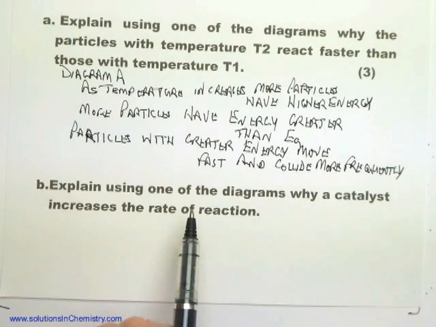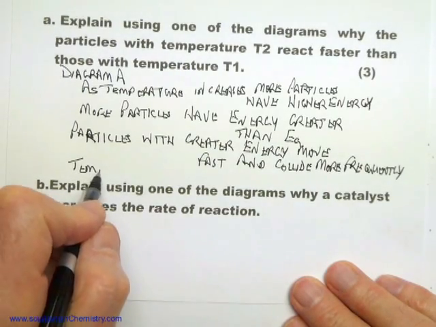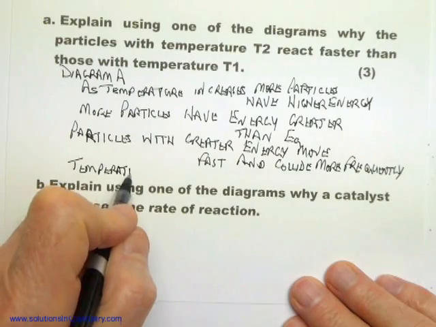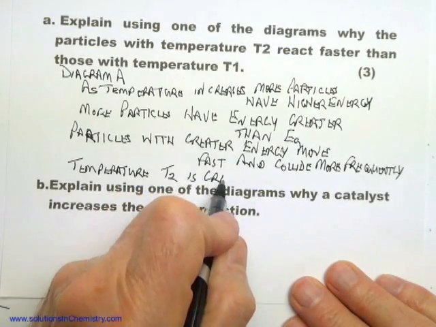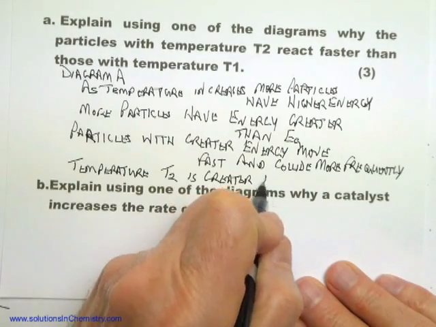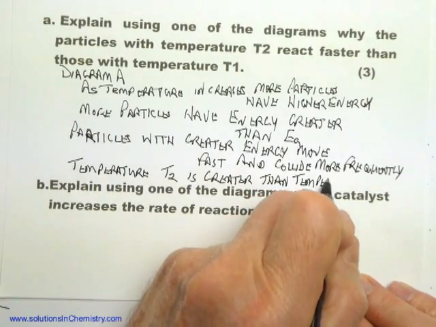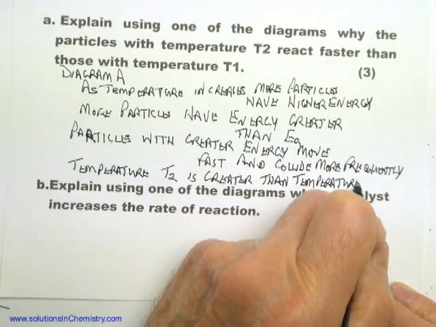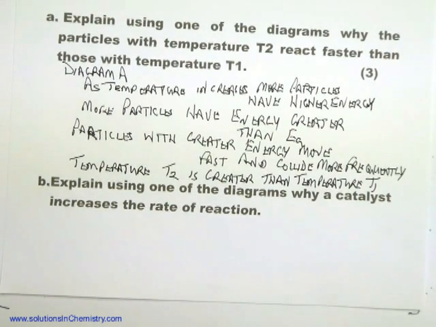In the question they haven't said temperature T2 is greater than T1, so you have to say temperature T2 is greater than temperature T1. Okay, actually that's worth 4 points. I think the question is worth 4 points rather than 3. But anyway, now B: explain, using one of the diagrams, why a catalyst increases the rate of reaction.